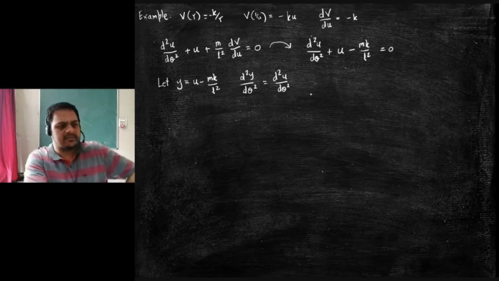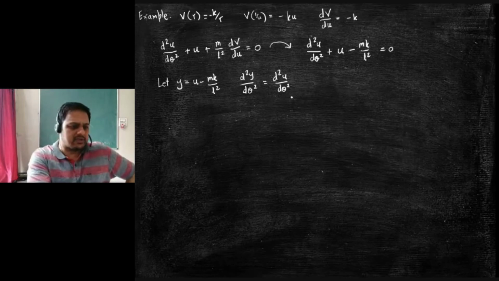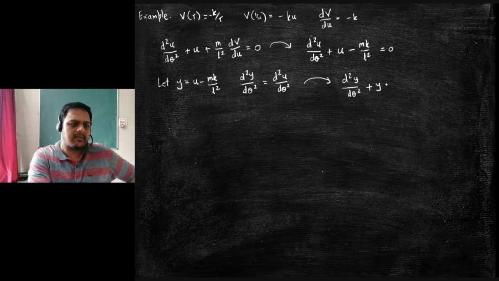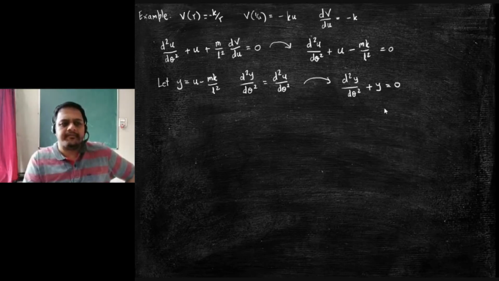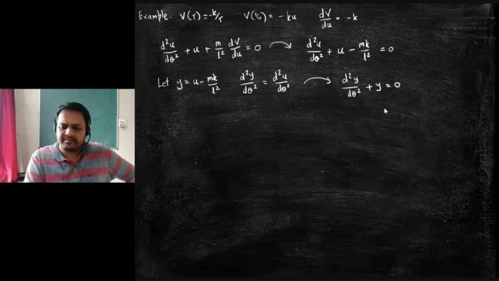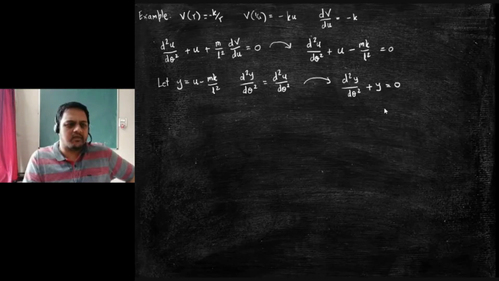Correct? So the derivative of that becomes 0. This gives you the differential equation for y in the following manner. What is the solution to this equation? What does this equation resemble? What does it look like? Some familiar thing?